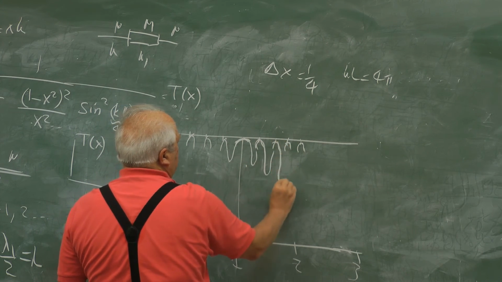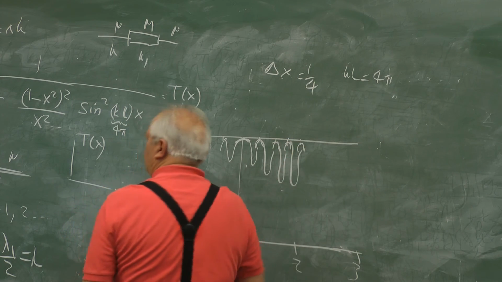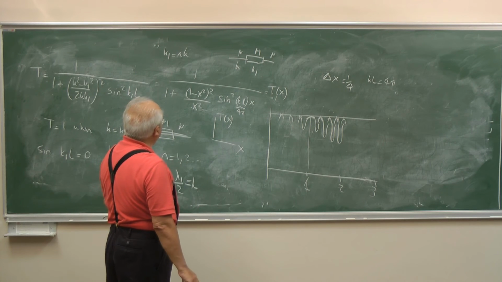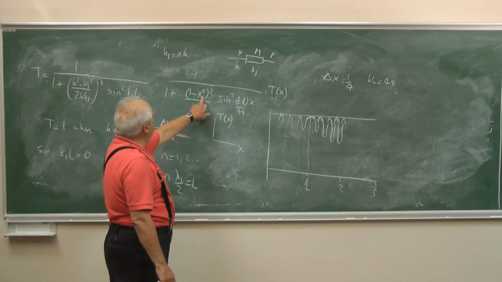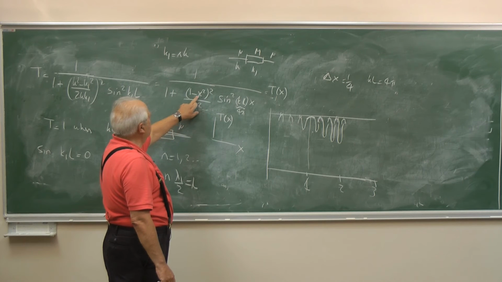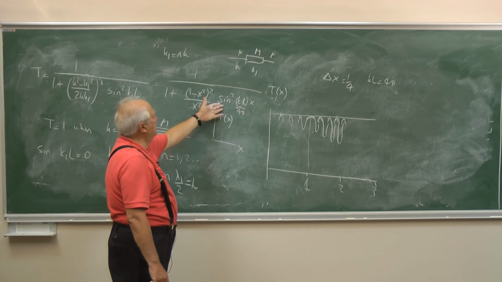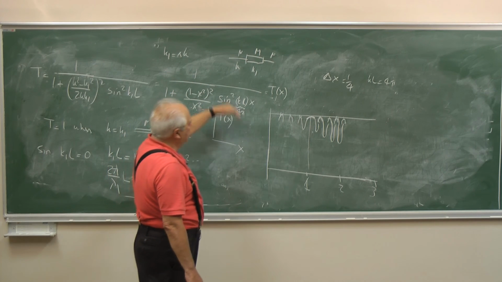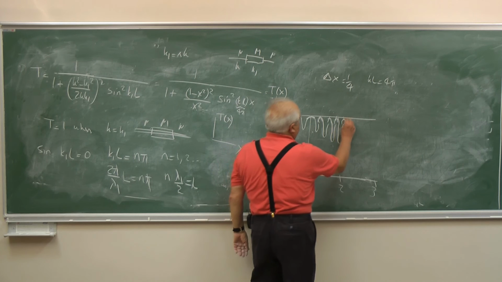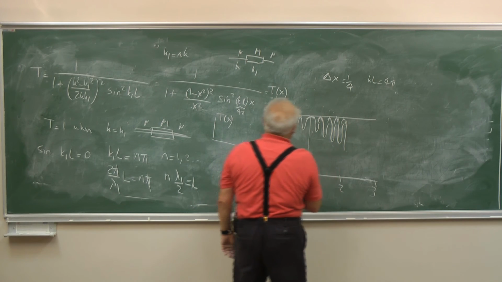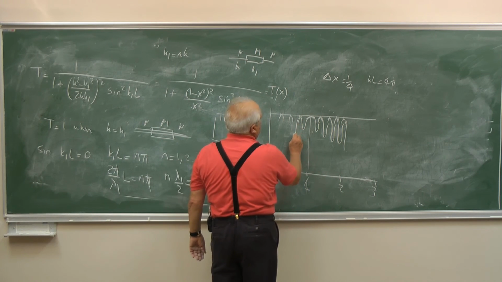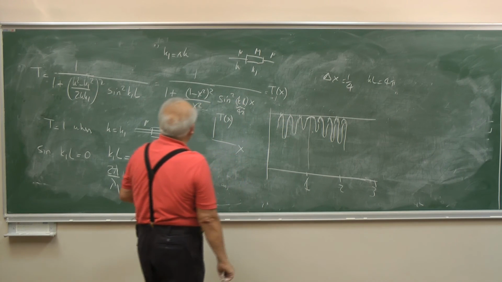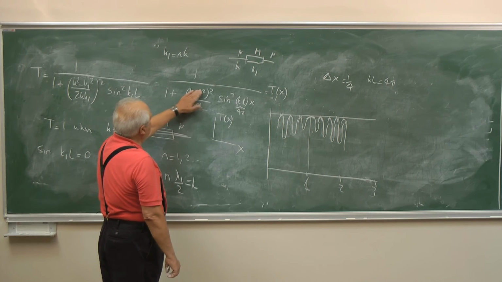And why does it get deeper? Because let's look at here. If x is very big, then this is like x to the 4. This is x square. This goes as 1 over x square. Sine square is at most 1. So whenever it's not 1, it is going down to 0. So these will be the transmissions. And as x goes to 0, you can ignore this term.